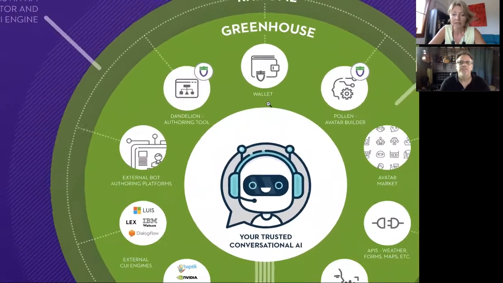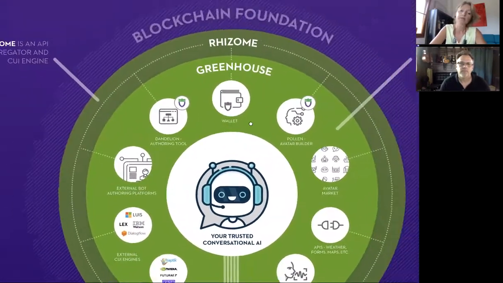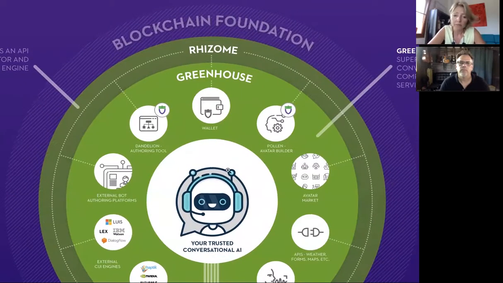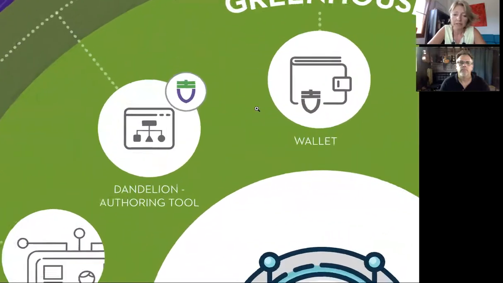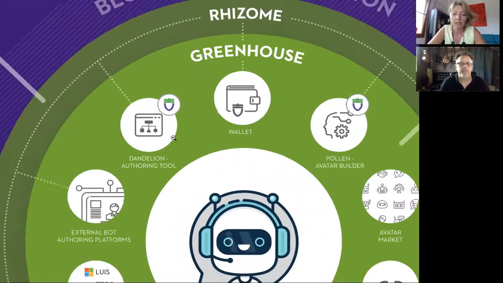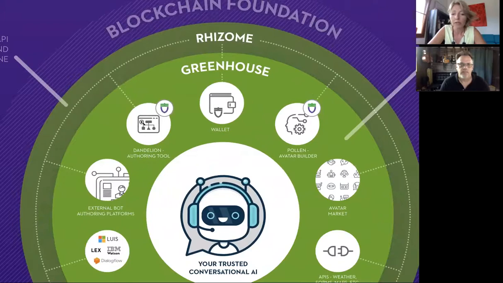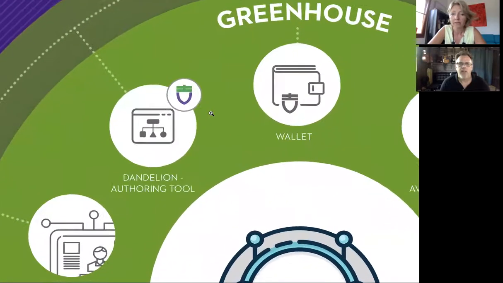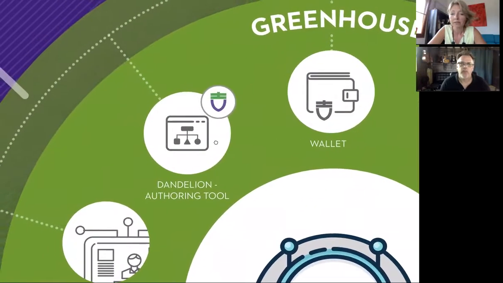Okay. And what are the little components with the little seed logo icons here? For example, Dandelion, the authoring tool. What can I do with it? Dandelion is a browser-based authoring tool, so you can create your conversations for your conversational user interfaces without needing to know any code. So you can just draw a diagram like you see in that icon, and connect the way the conversation flows.